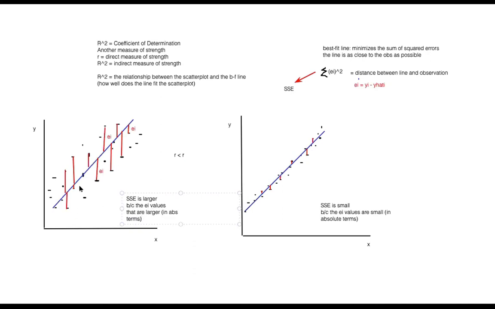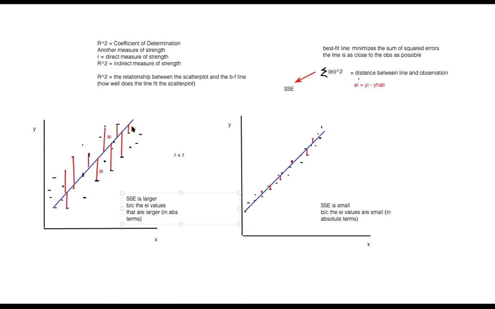So you take these larger EI values, you're squaring large values, you end up with large values, you add together a whole bunch of large values, you end up with a large SSE. So when it comes to a looser scatter plot, SSE will be larger.